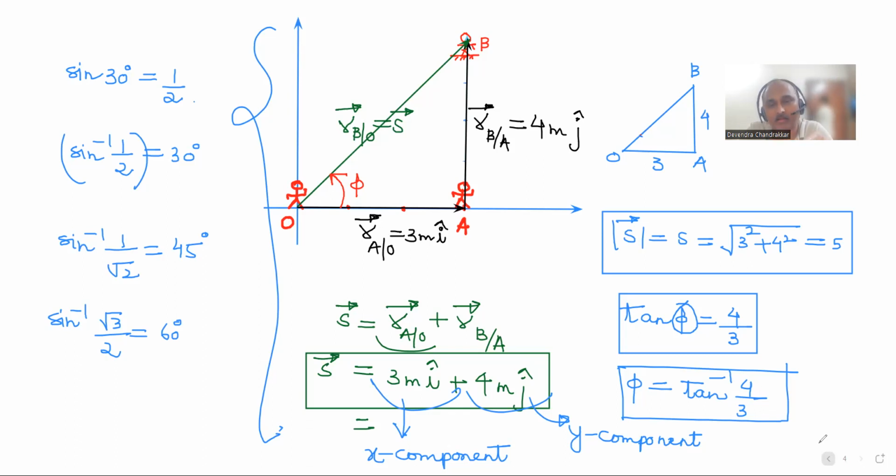That symbol is called theta. This is a Greek alphabet. Like ABCD, this is theta. And this is called phi. Okay, sir. Thank you.